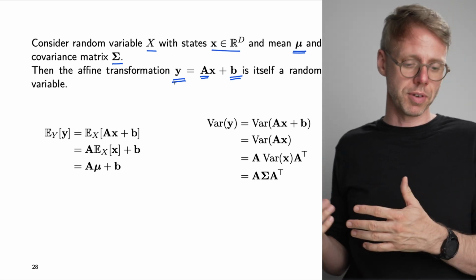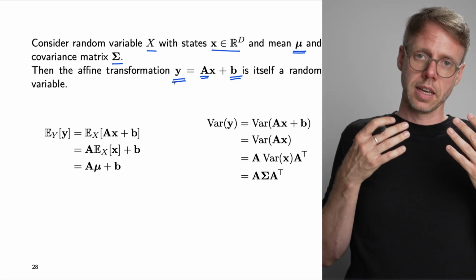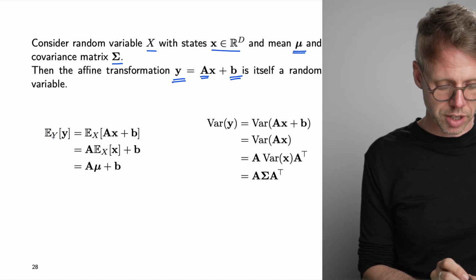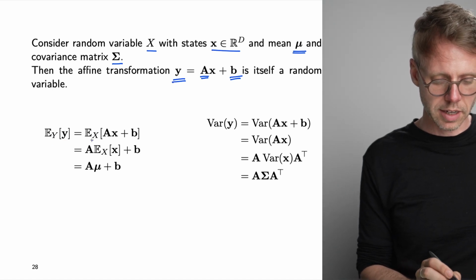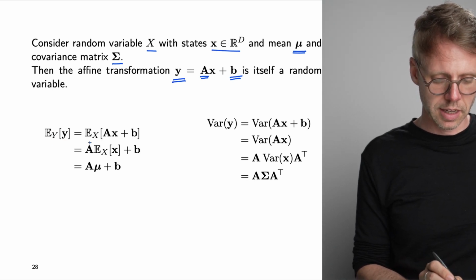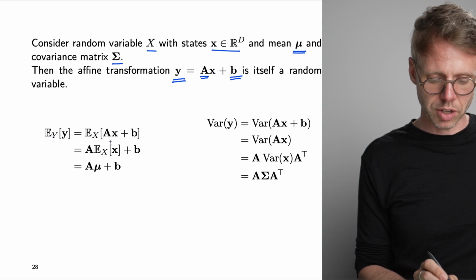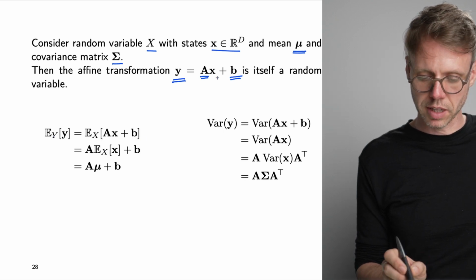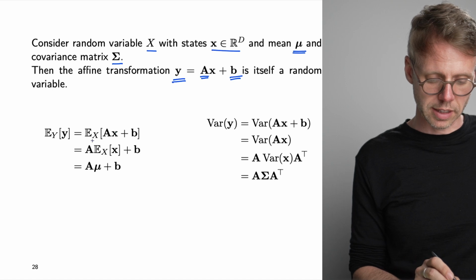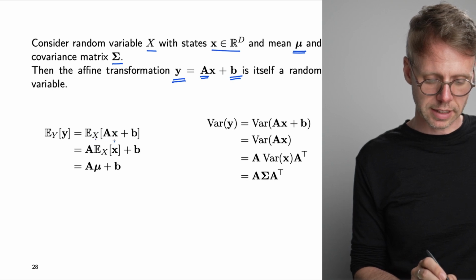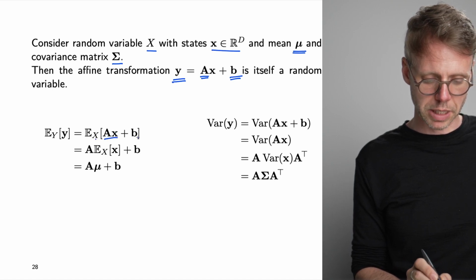It is itself a random variable, and the expectation of y is given by, if you plug in the formula of y, the expectation over the random variable x of A times x plus b.